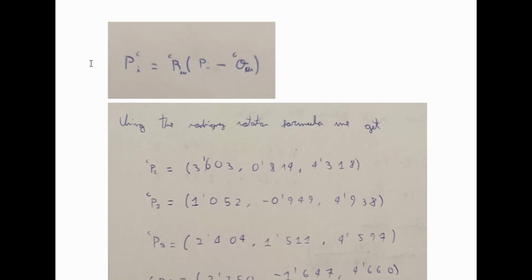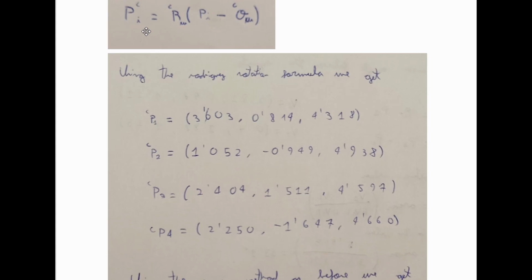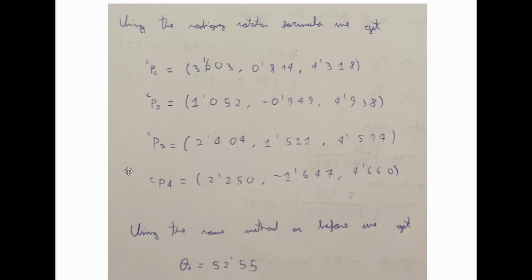Once we find this equation, that's the same we've been using all this time, these exercises, we use the Rodriguez rotation formula to get the 4 points in this alternative frame, the camera one, not the world one. And we get that the angle between the two segments in this frame is 52.55 degrees.